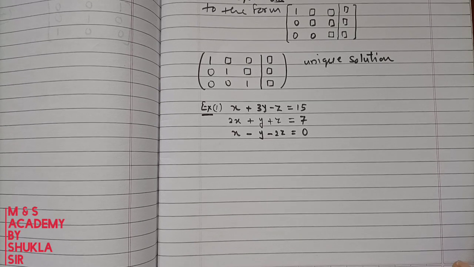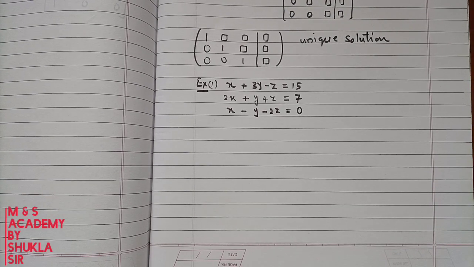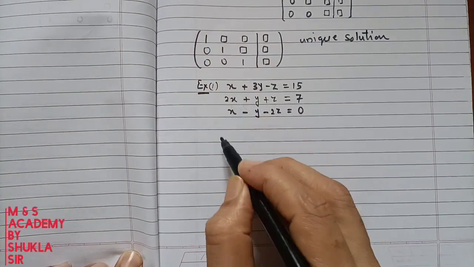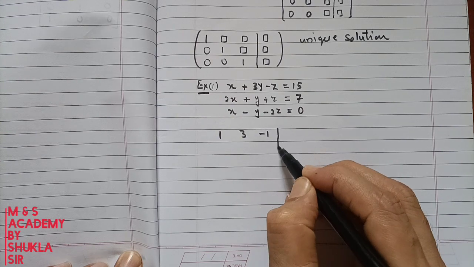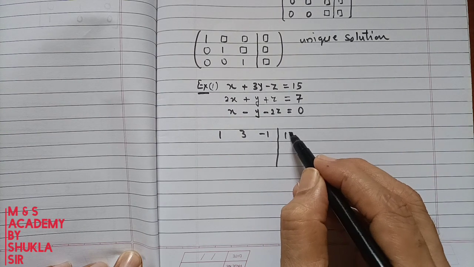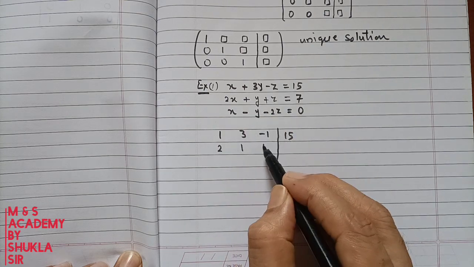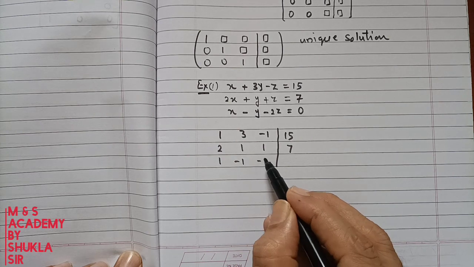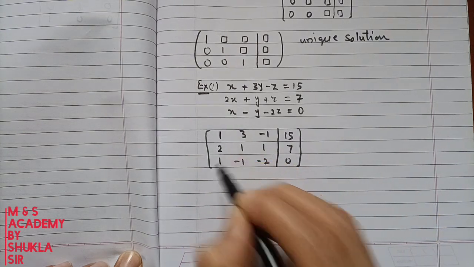So our first job is to write the given linear system in augmented matrix form. So this is 1, 3, minus 1, we draw a line, this is the constant 15, this is 2, this is 1, this is 1, this is 7, this is 1, minus 2, and this is 0. This one is our augmented matrix.